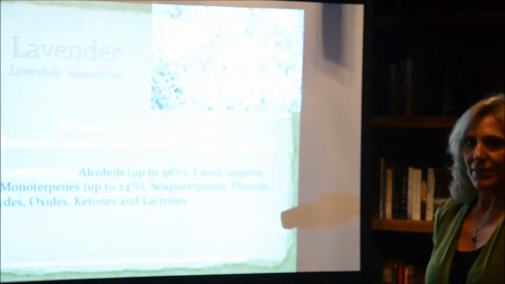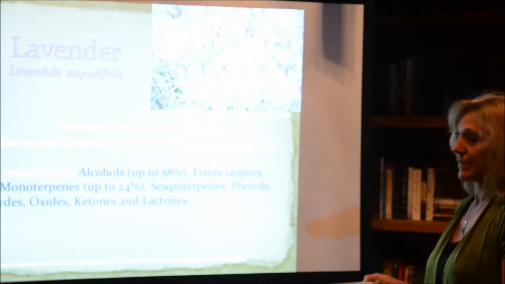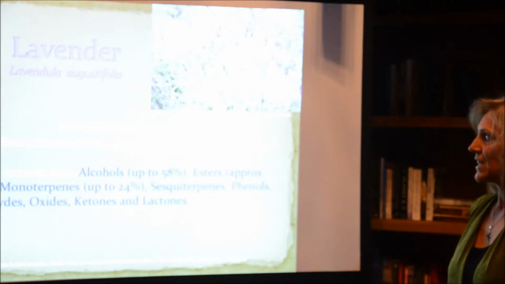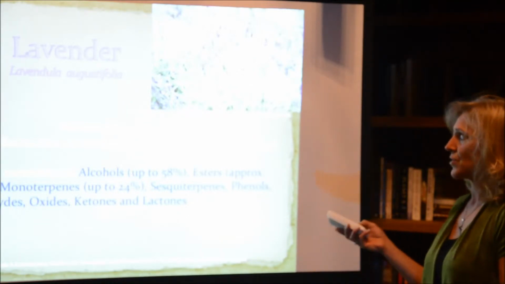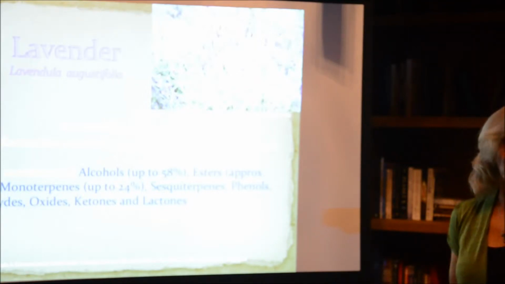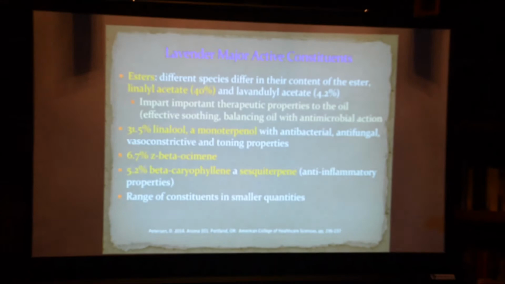So we're going to talk about lavender. Lavender is one of the top 10 most used oils. It's Lavandula angustifolia, and it has active constituents of alcohols, esters, and monoterpenes, which are the main components that give it its therapeutic action. The esters differ in content between species.